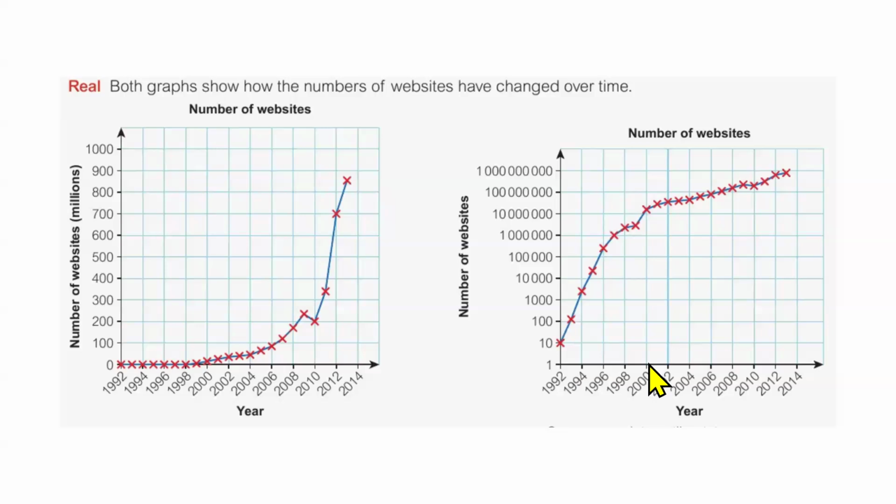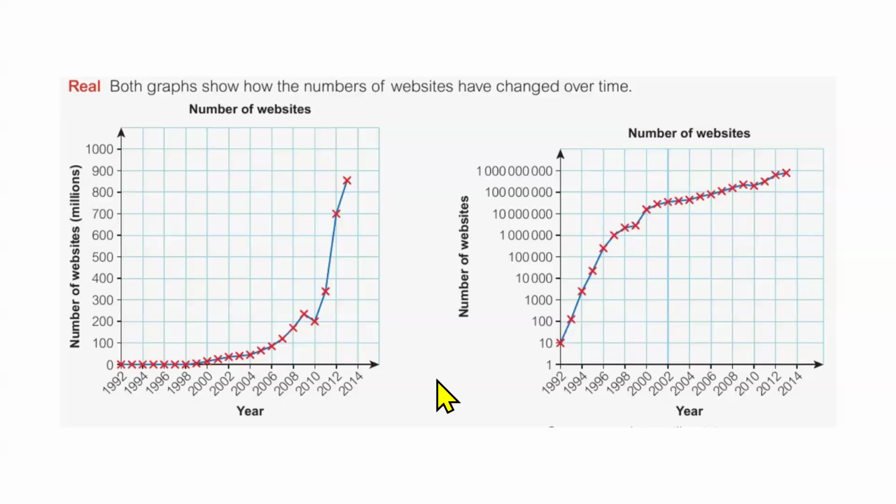For example, in the year 2000 on the right side, I can say that 10 million websites were published on the internet. In 1994, it's between 1,000 and 10,000, not exactly in the middle, like 4,000 websites published on the internet. But if I go to 1994 on the left side, it's not very clear.